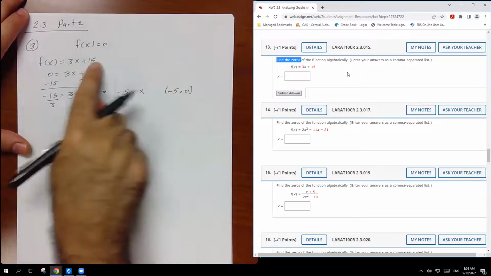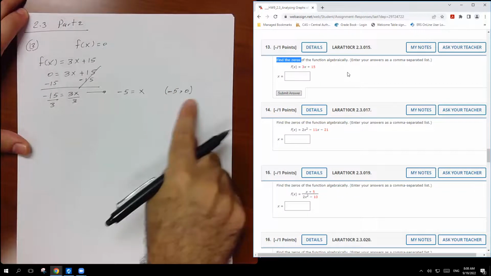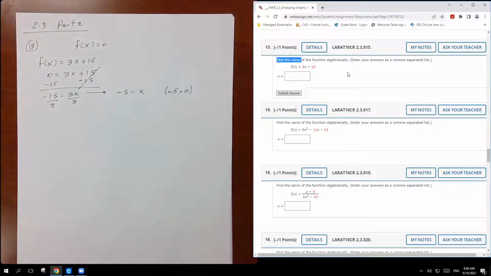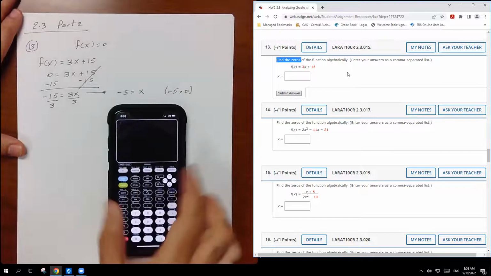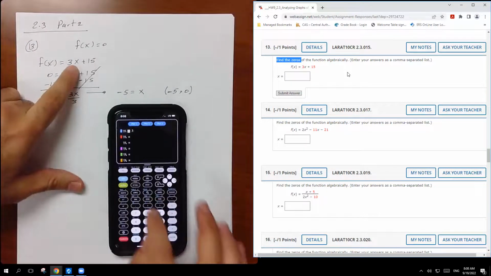When you graph this function, you will see it intersects the x-axis at this point. We can check that by graphing the function. Let's do a simple graph. I'm going to graph this function and check.